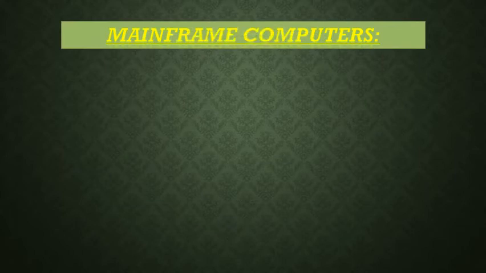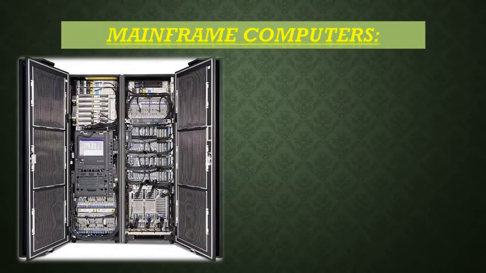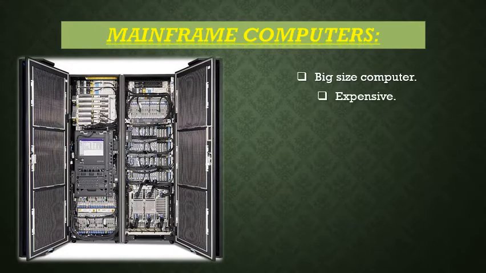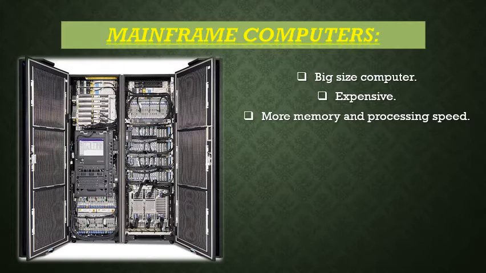Dear kids, here comes the next type of computers according to the size, and that is mainframe computers, and they are bigger than mini and microcomputers both. They are big in size, they are expensive, they have more memory and processing speed. Remember one thing, we are comparing mainframe computers with mini computers and microcomputers.